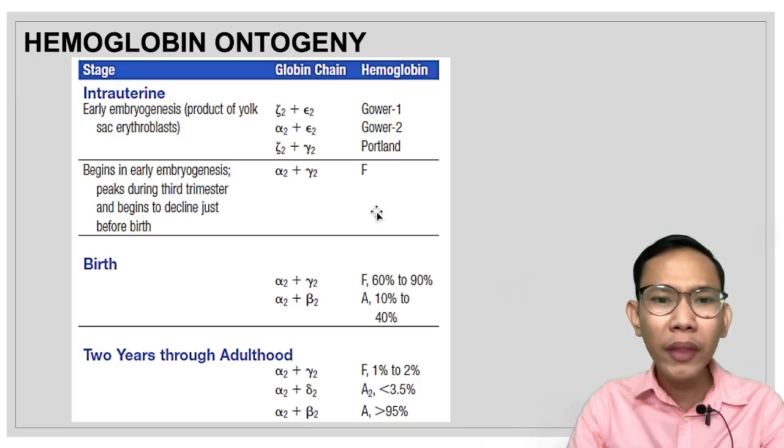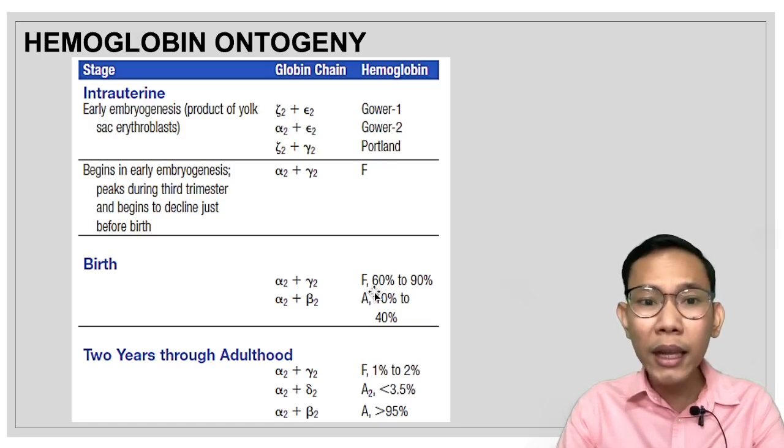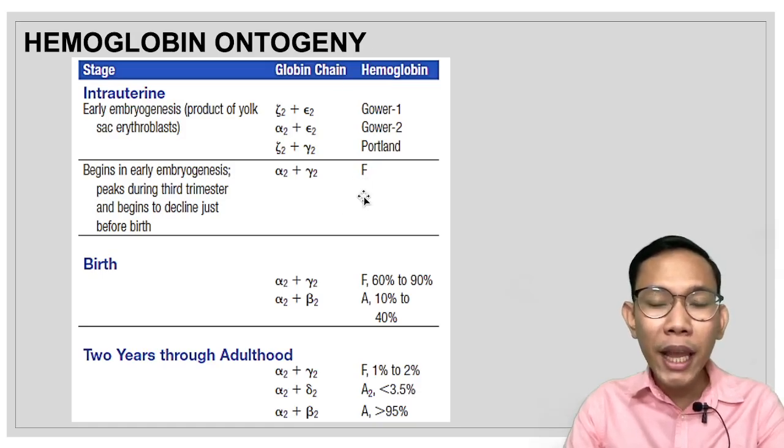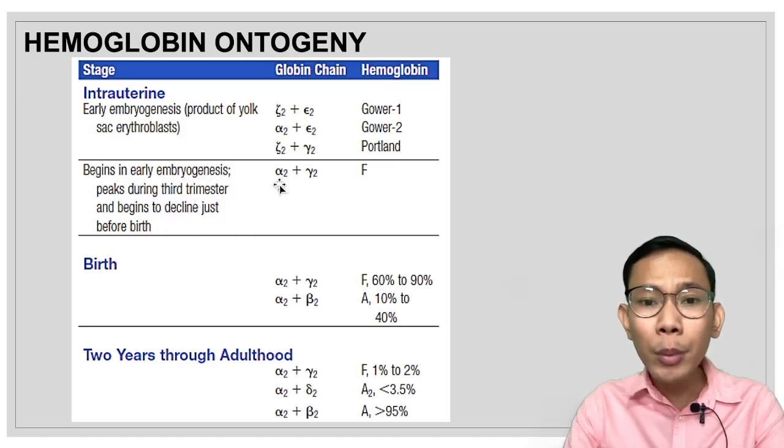So, ang pinaka-importanteng i-memorize for now is really yung Gower 1, Gower 2, Portland kasi nakakalimutan yan. Kasi unlike the hemoglobin F, hemoglobin A1, hemoglobin A2, mas maalala kasi siya later on kasi paulit-ulit yan. So, again, for hemoglobin F, which is the predominant hemoglobin during the early embryogenesis that peaks during 3rd trimester, the globin chain of that is alpha 2 and gamma 2.